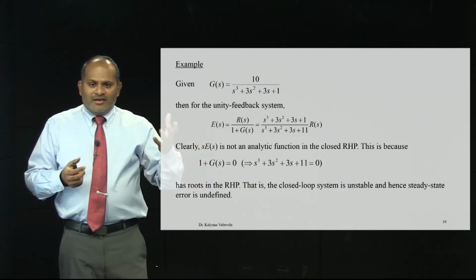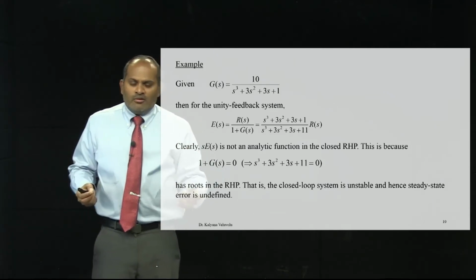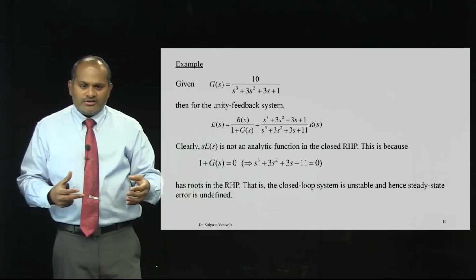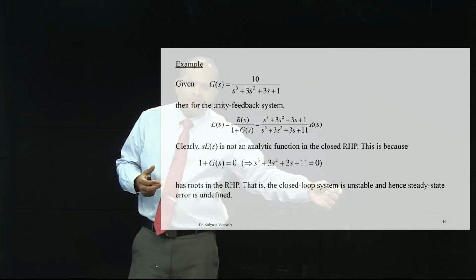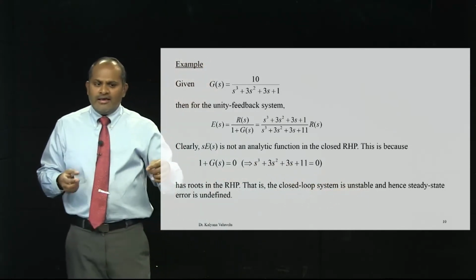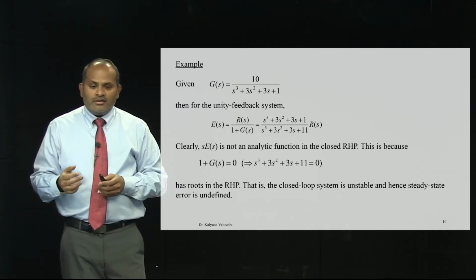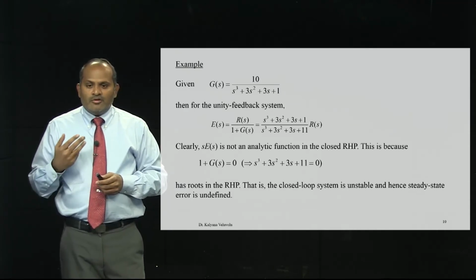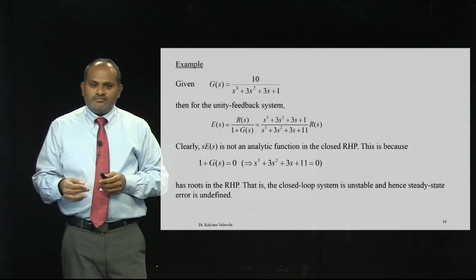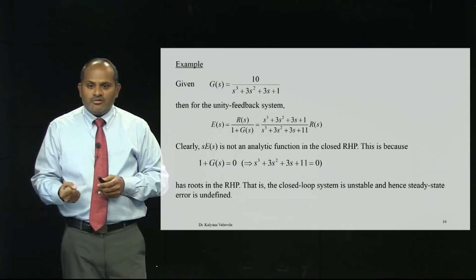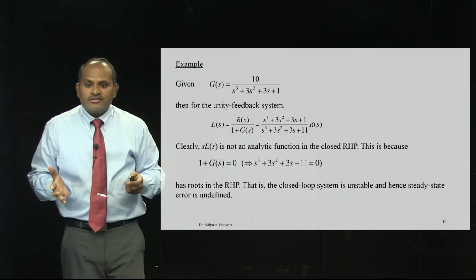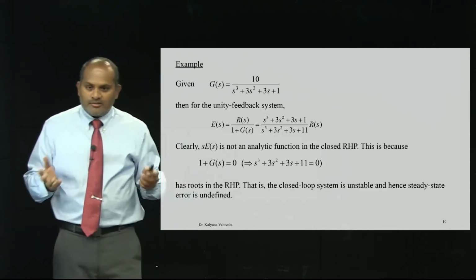If the system is unstable, we can't define error constants. So, you can clearly say that the closed loop system is unstable and hence the steady state error is undefined. It is very important that you check the stability of the system to make sure that your error constants are indeed right. The error constants are not defined for unstable systems.